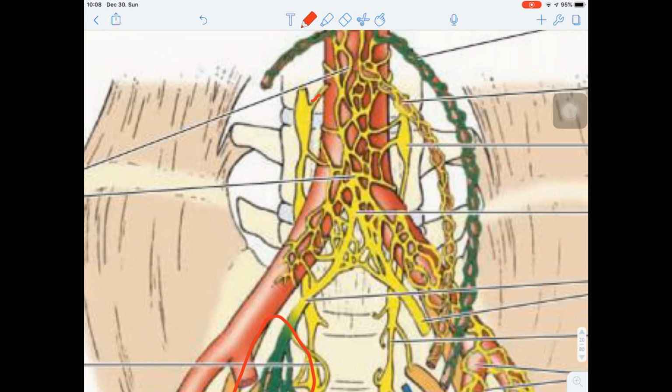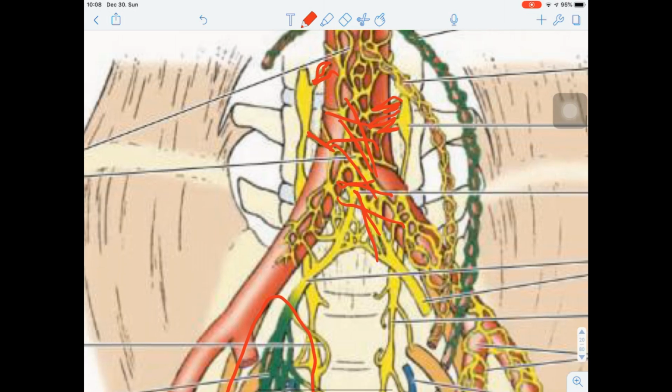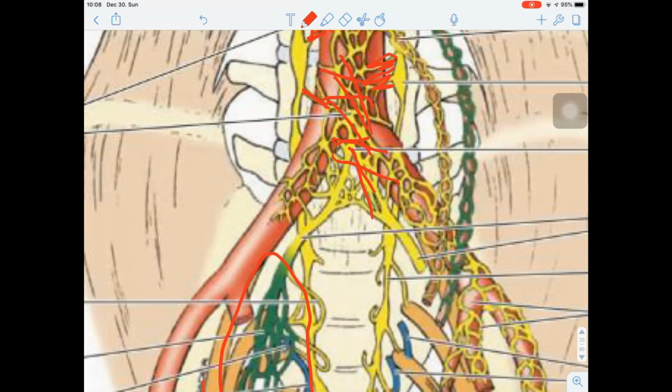Then you get lumbar splanchnic nerves, these here. Lumbar splanchnic nerves are presynaptic sympathetic nerves. They reach the aorta. Here you form the superior hypogastric plexus. From the superior hypogastric plexus, you form left and right hypogastric nerves.